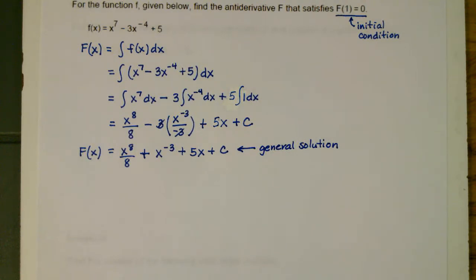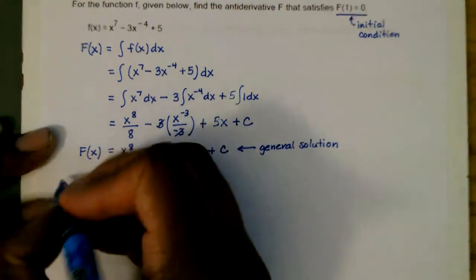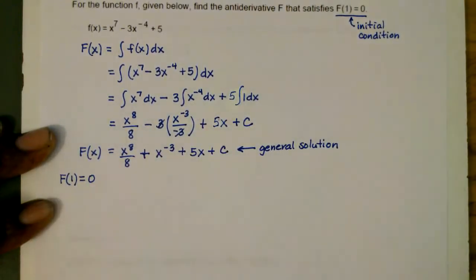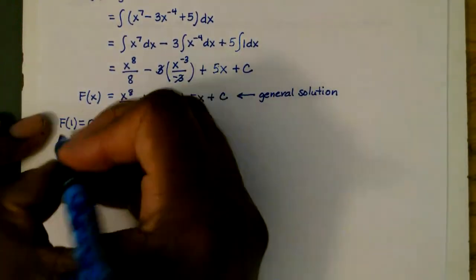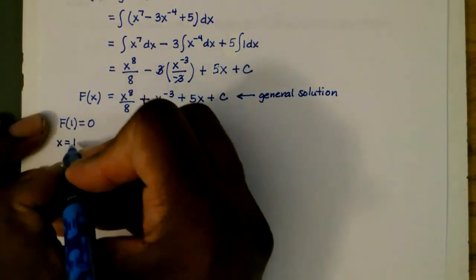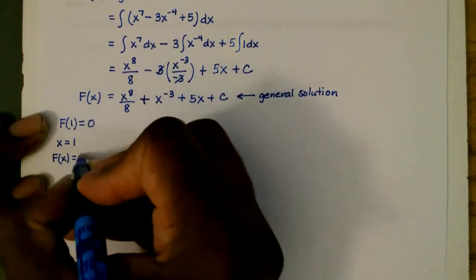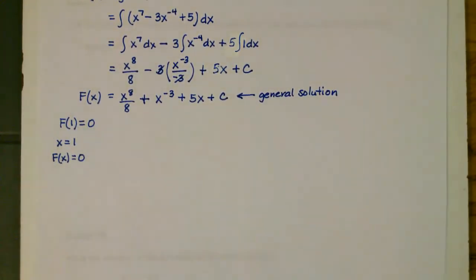Now let's find the particular solution using the initial condition. We are given that F of 1 is equal to 0. Now what does that really mean when F of 1 is equal to 0? It means this: at x is equal to 1, capital F of x will be equal to 0. That's your x, and that's what F of x is.